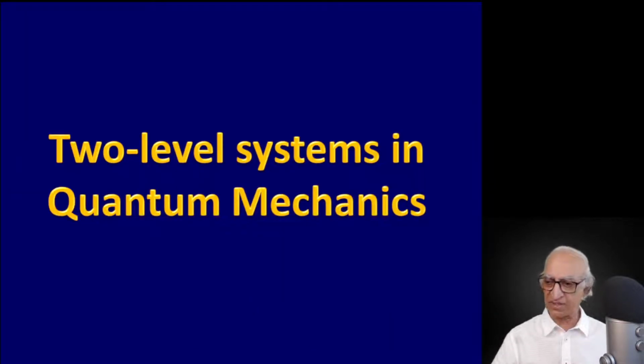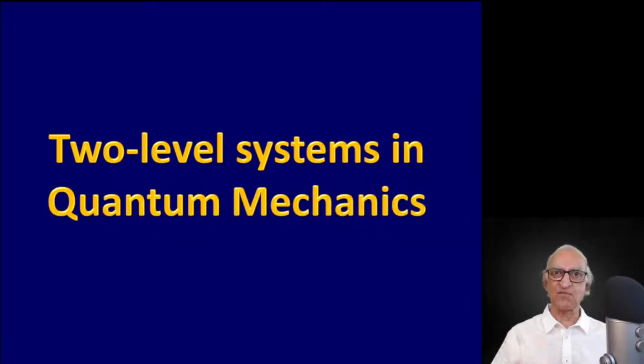Now let us discuss two-level systems in quantum mechanics. What I'm going to describe now is taken largely from chapter 9 of volume 3 of the Feynman lectures. I shall ask Dr. Susan Conard to give a reference to this in this lecture.